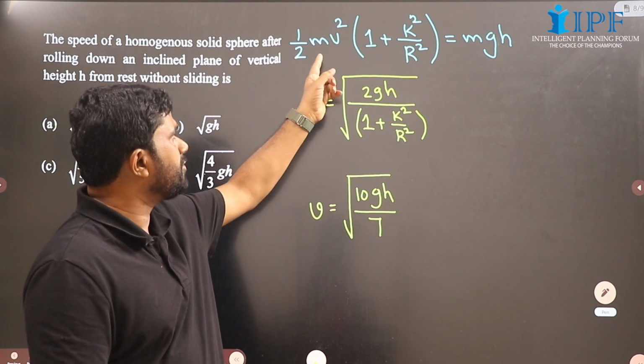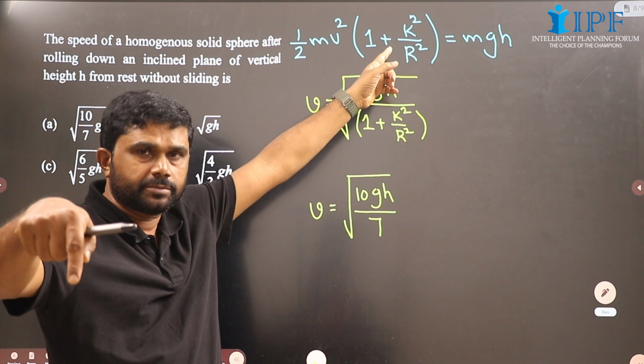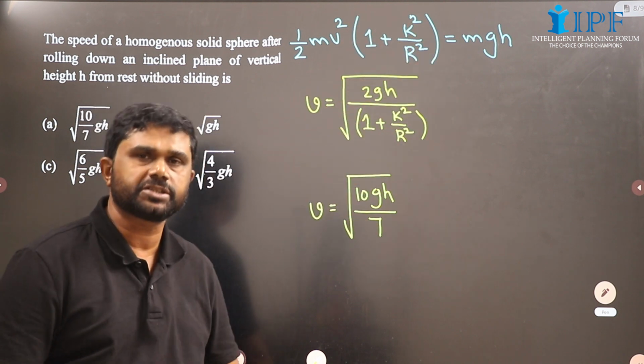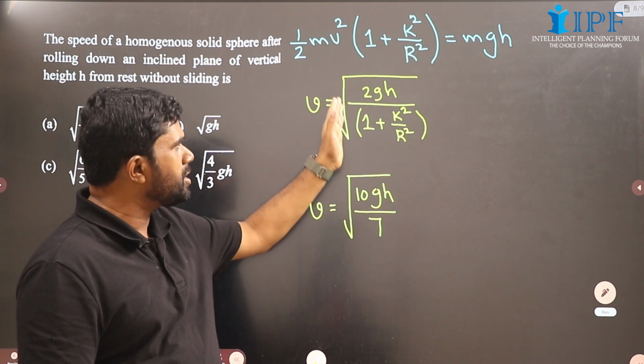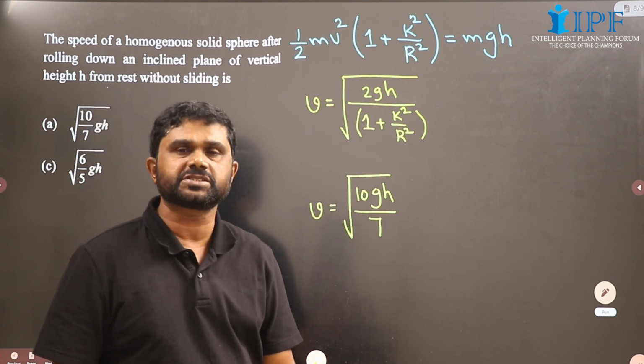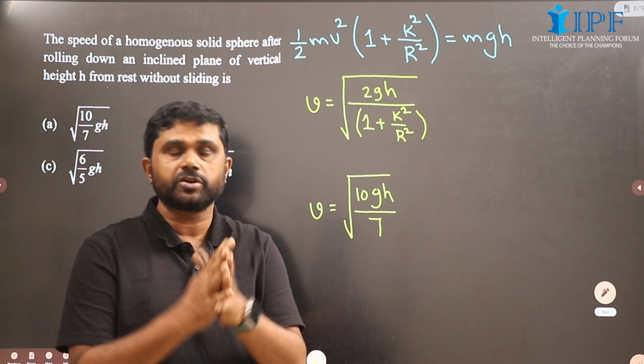We can write half mv square into 1 plus k square by r square as the total kinetic energy at the bottom, which is equal to the potential energy at the top. And the speed at the bottom is equal to under root 2gh divided by 1 plus k square by r square.